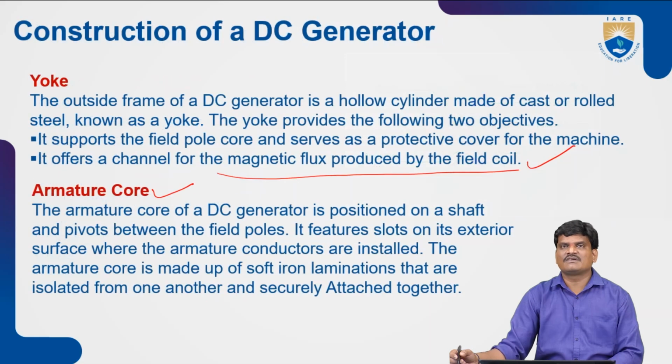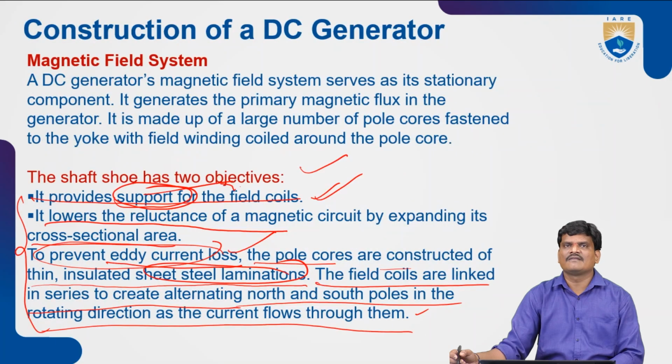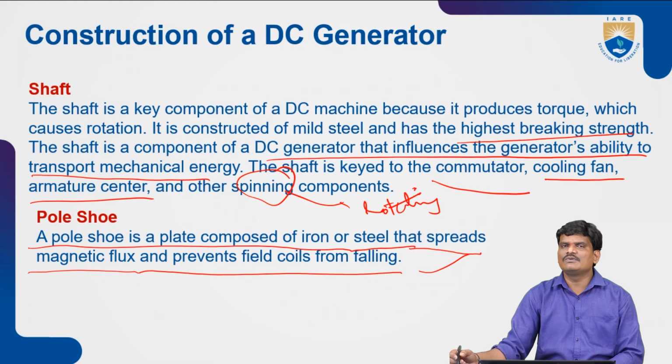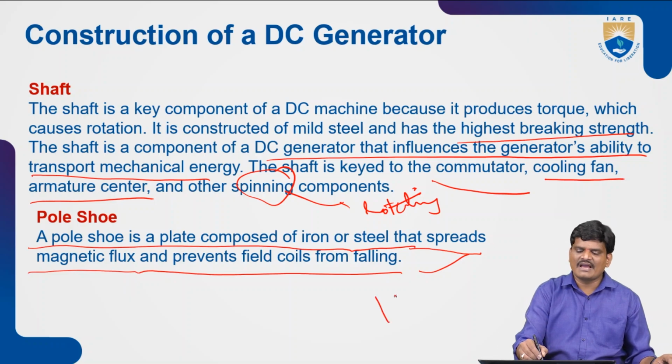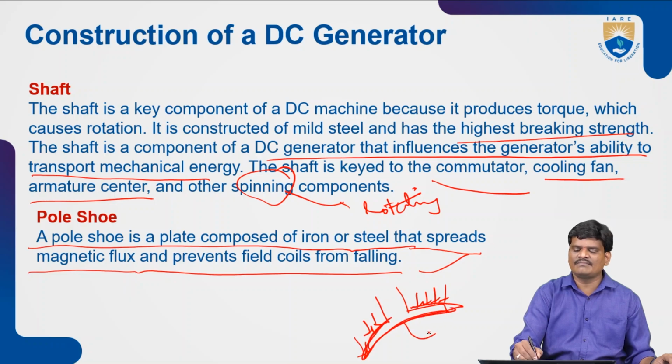And what is the purpose of having this pole shoe here? The pole shoe is a plate composed of iron or steel that spreads the magnetic flux and prevents the field coils from falling. So the main purpose of having a pole shoe is to spread the magnetic field. The shape of this particular pole is made like this, and this shape is called a pole shoe.